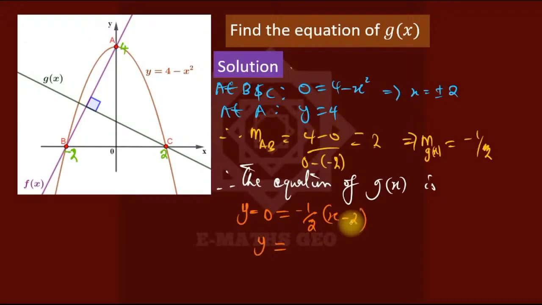So we have y equals -1/2 x plus 1. So that's the equation of the line.